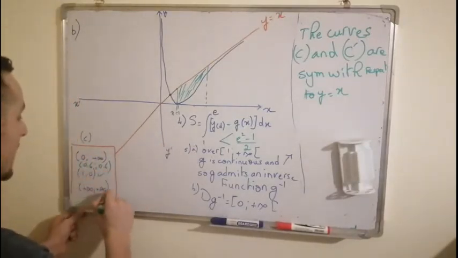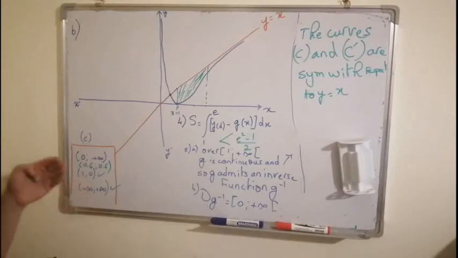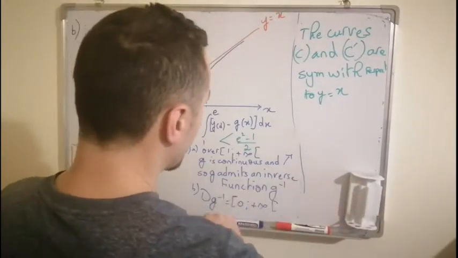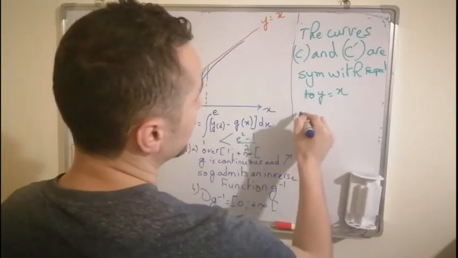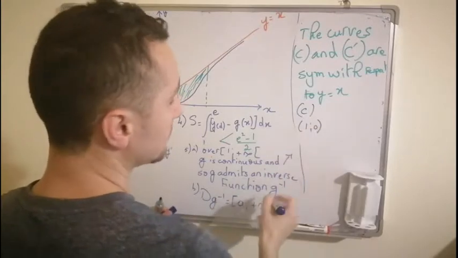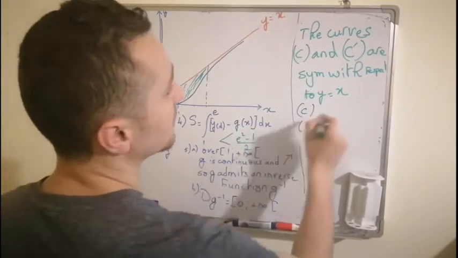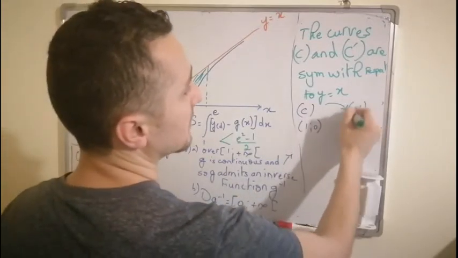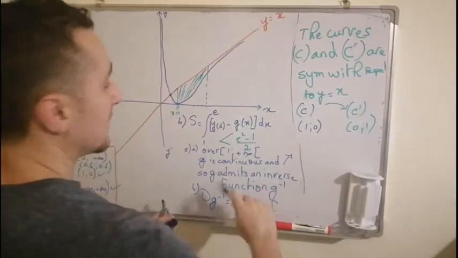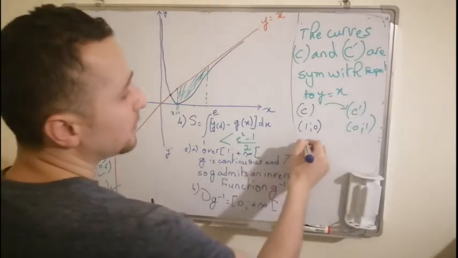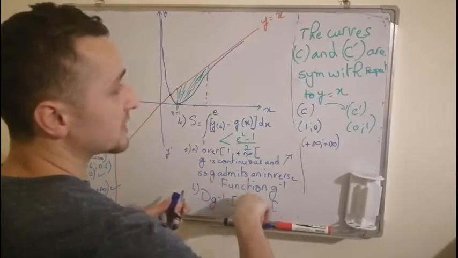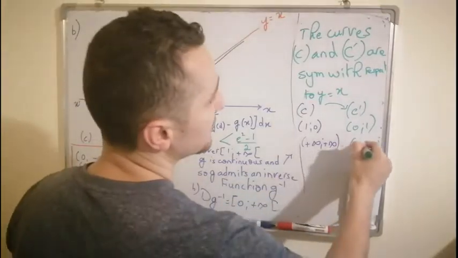On the curve C, we have the point (1, 0), so the corresponding point on C prime is (0, 1). The second point is plus infinity, and the corresponding point is plus infinity.